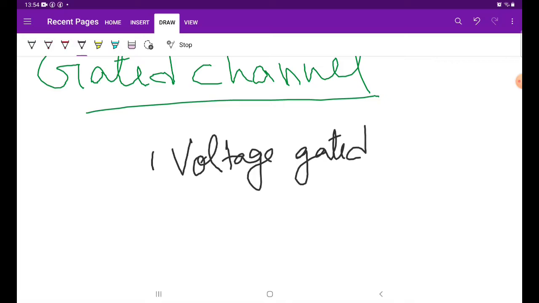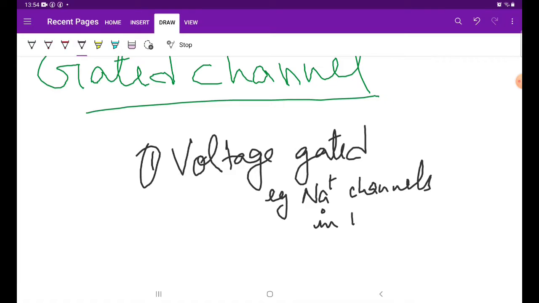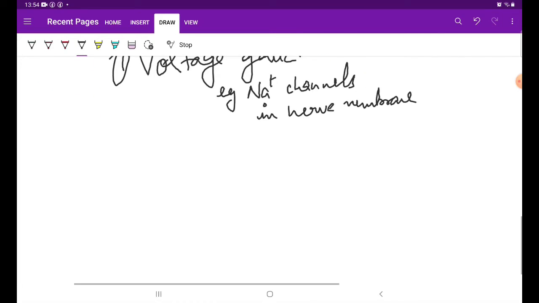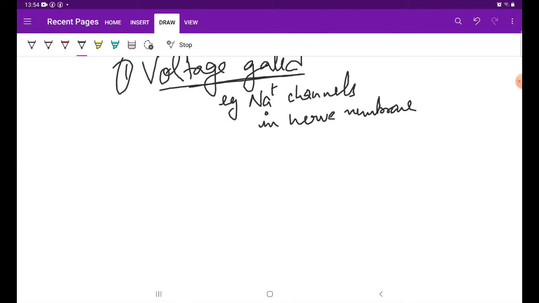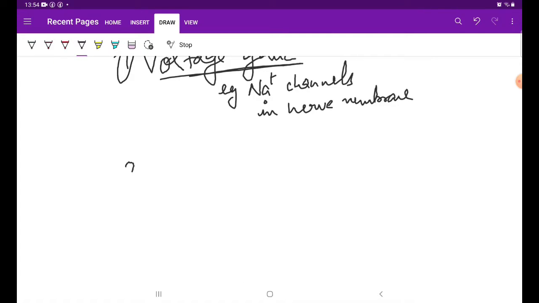The best example is the sodium channels in our nerve membrane. These are the first type of gated channel.